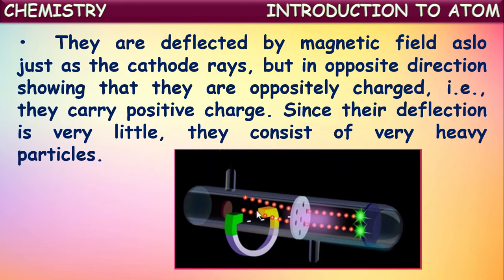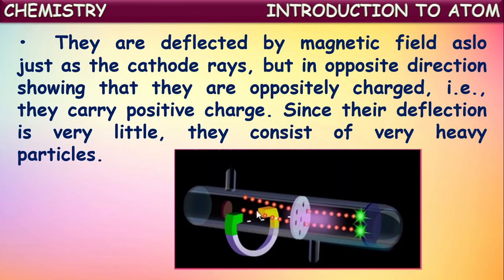Actually, cathode rays are deflected much in the presence of an electric field or magnetic field. But the deflection of these anode rays is somewhat little when compared to cathode rays. This shows that they consist of very heavy particles. As the mass of the particles increases, the deflection decreases.